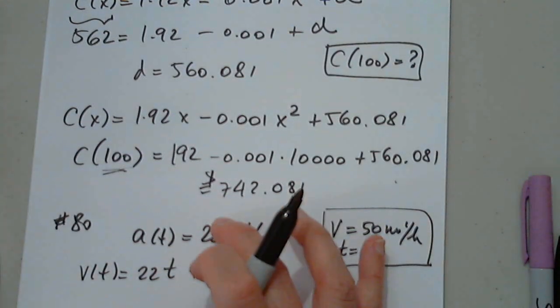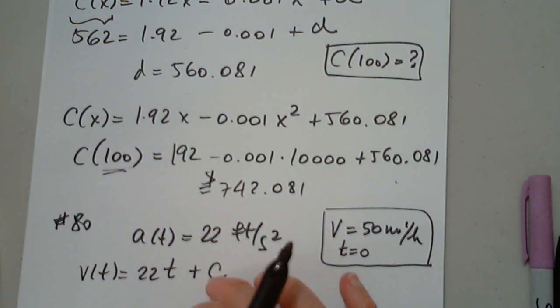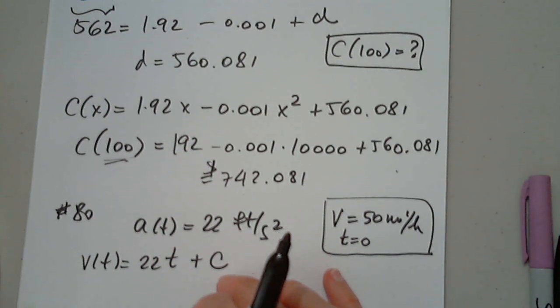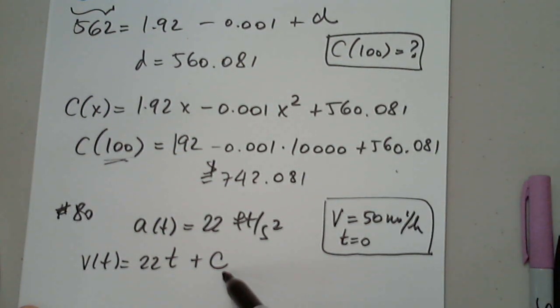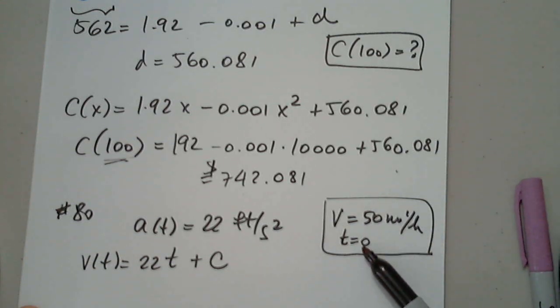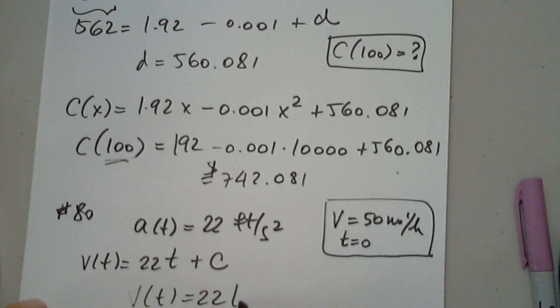Which function prime is 22? 22t. Which function prime is 0? c. And now I have to find c. So when time is 0, v is 50, so c is 50. So v of t equals 22t plus 50.